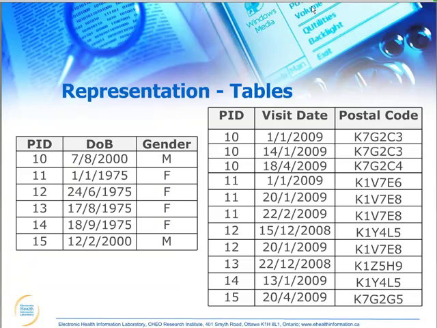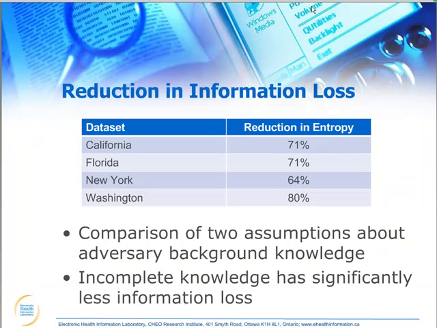And then we have the baseline and the more relaxed assumption of the adversary, and then we built a number of algorithms to de-identify the data set, which I will show you, and we looked at how much information loss, how much precision we lose in the data when we de-identify the data that way.